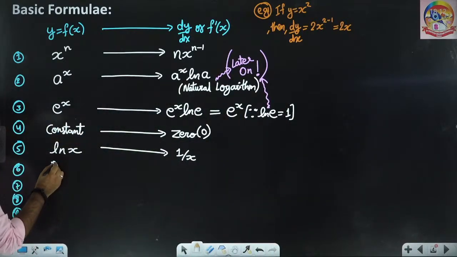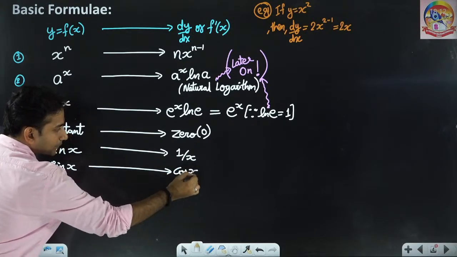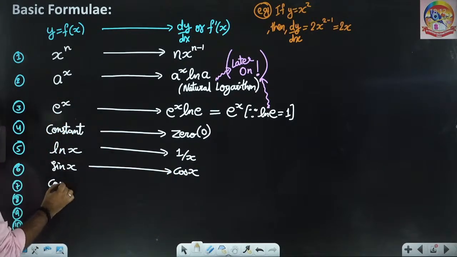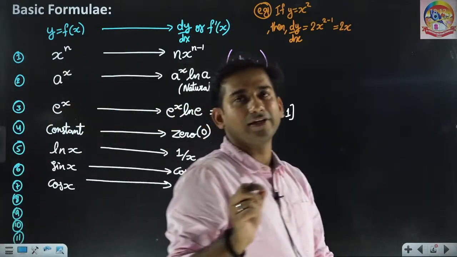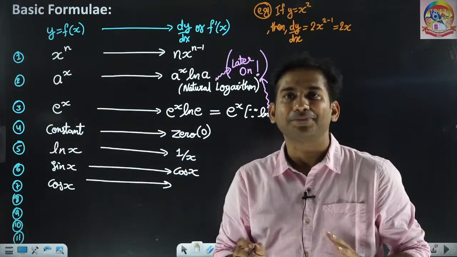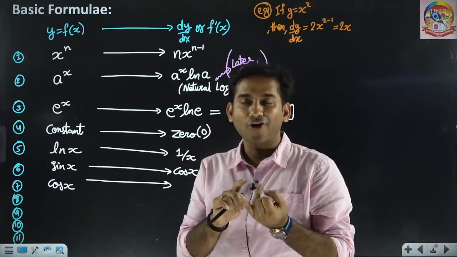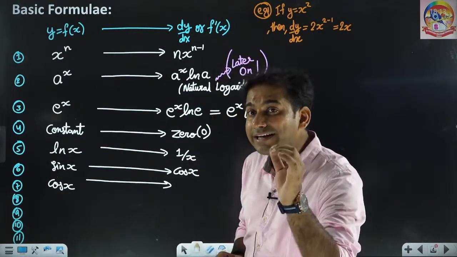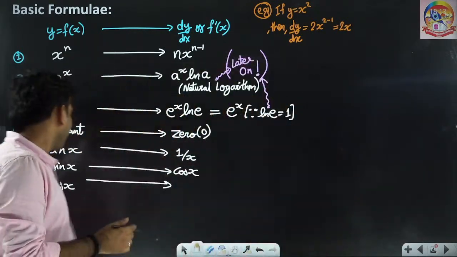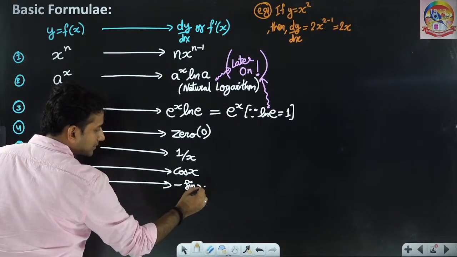If you have sin x, then the derivative of sin x is cos x. If you have cos x, how to learn this, sir? Do remember that the C family will have a negative differentiation, which means all the trigonometric ratios that start with C, cot, cos, cosec, will have a negative answer of differentiation. That means the derivative of cos x is minus sin x.